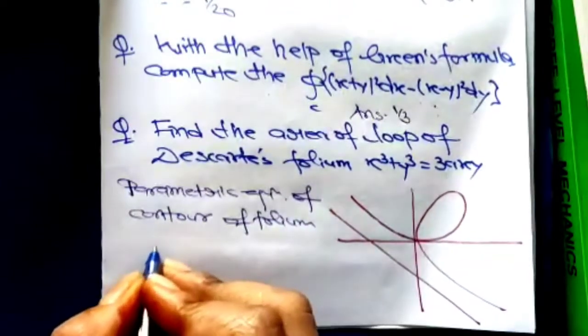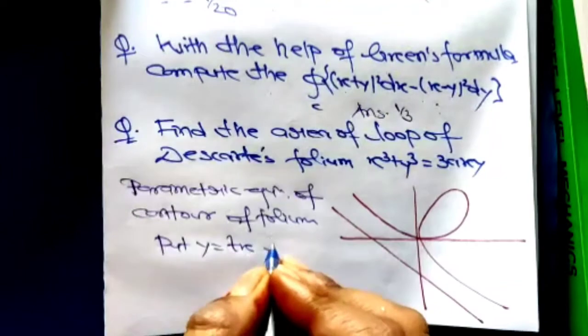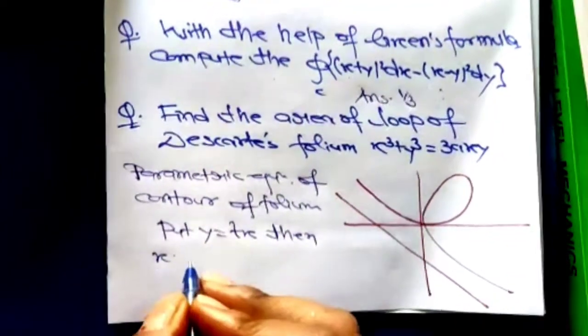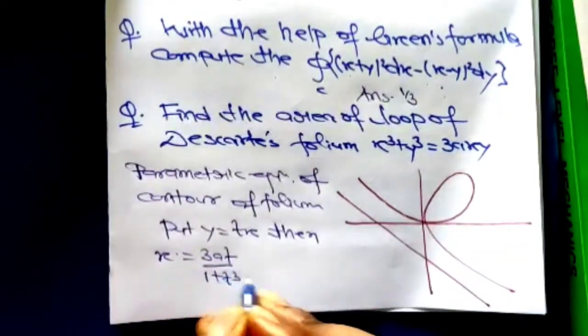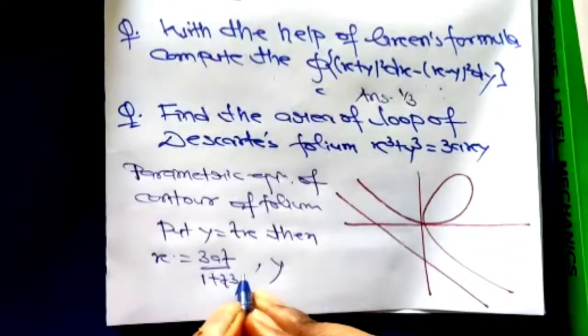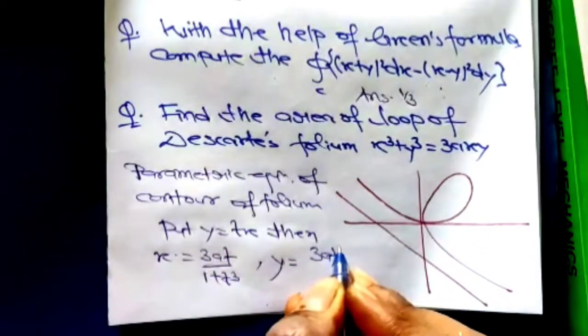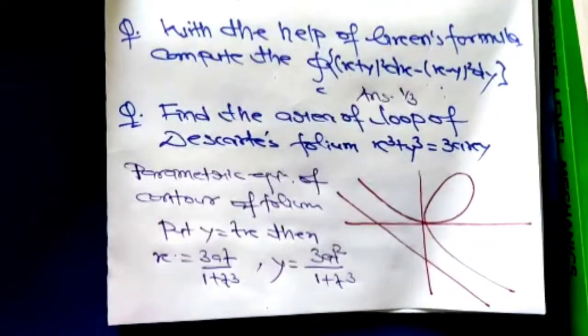Folium. We have to put y equals tx in the equation. We get x equals 3at upon 1 plus t cube, and after putting the value of x in this equation, we get y equals 3at square upon 1 plus t cube.